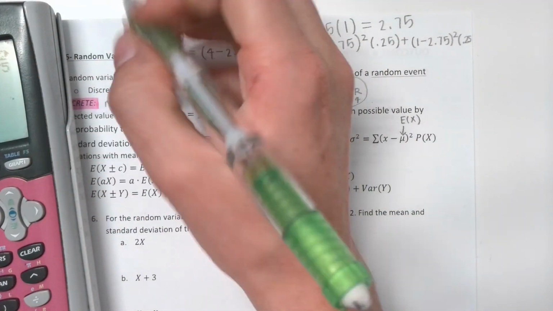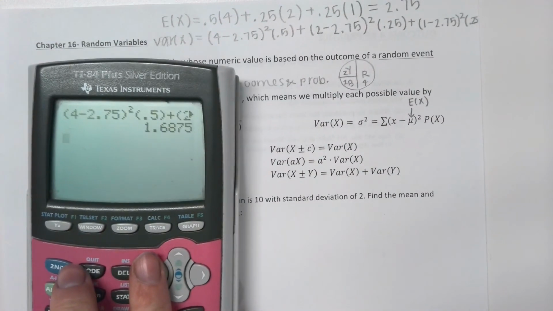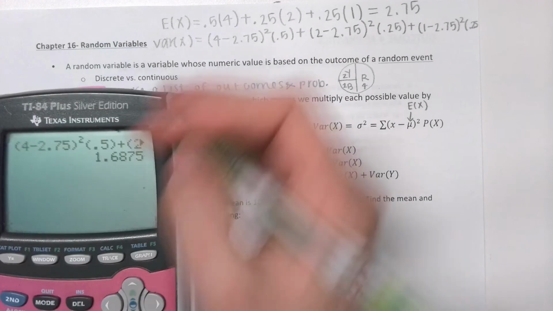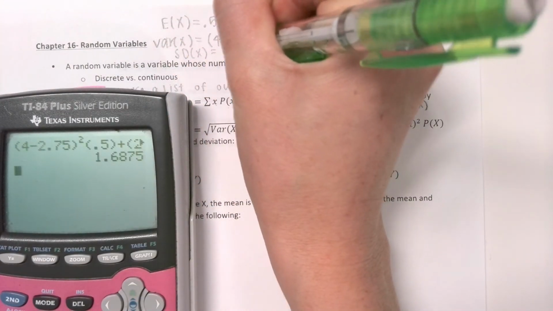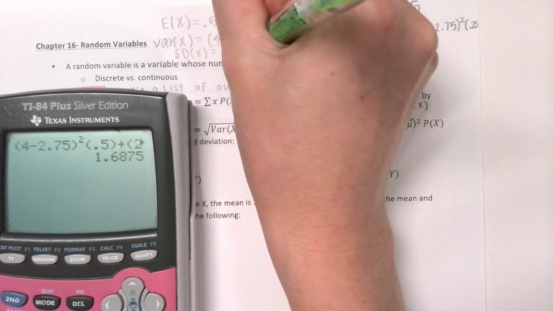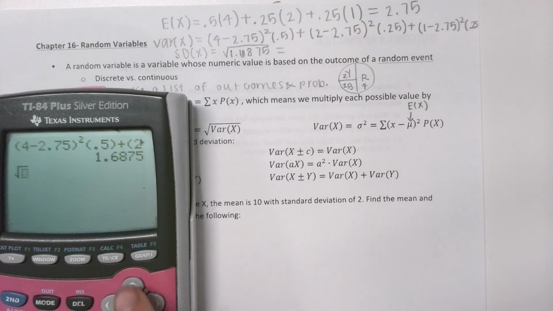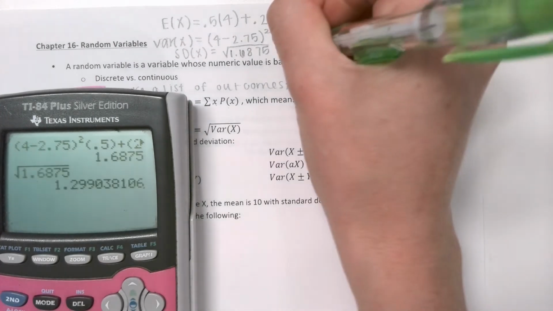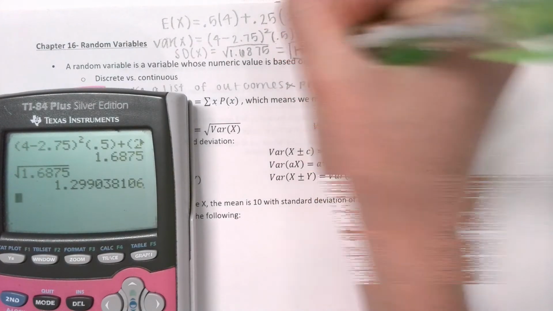Technically right now I'm finding the variance. So I got a variance of 1.699-ish. Finding the standard deviation then, I would just square root this. So square rooting my answer gives me 1.299, so I would say 1.3.